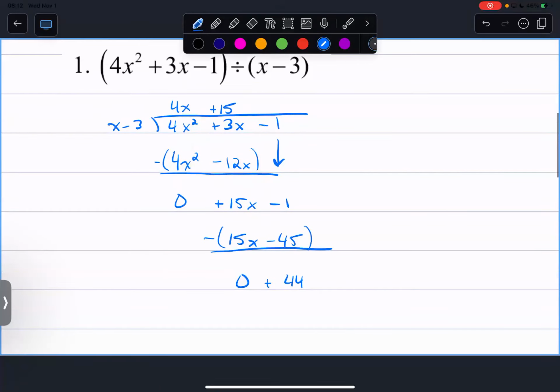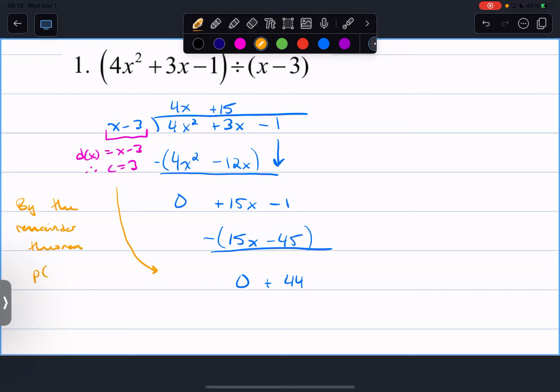And so one of the things that we said was, if our d of x is x minus 3, our divisor, which means that c is equal to 3, by the remainder theorem, p of 3 must be equal to 44.